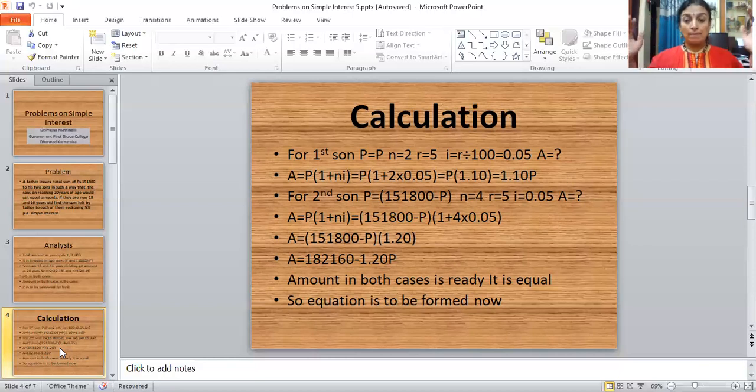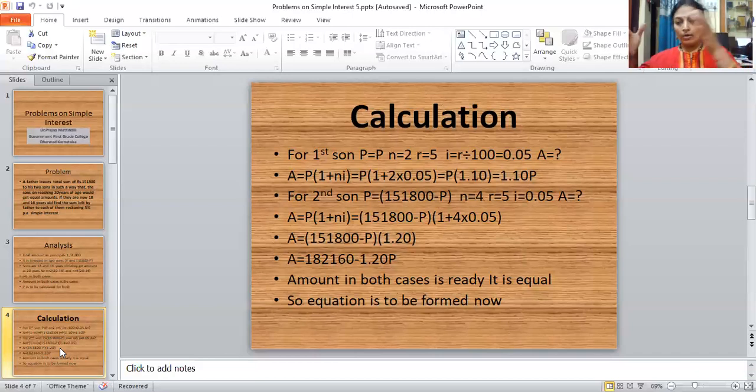Now let us prepare one equation with it. What is the equation? The problem says that both the sons will get the same amount. That means in both the cases, amount is the same. So equation says that 1.10P is equal to 1,82,160 minus 1.20P.